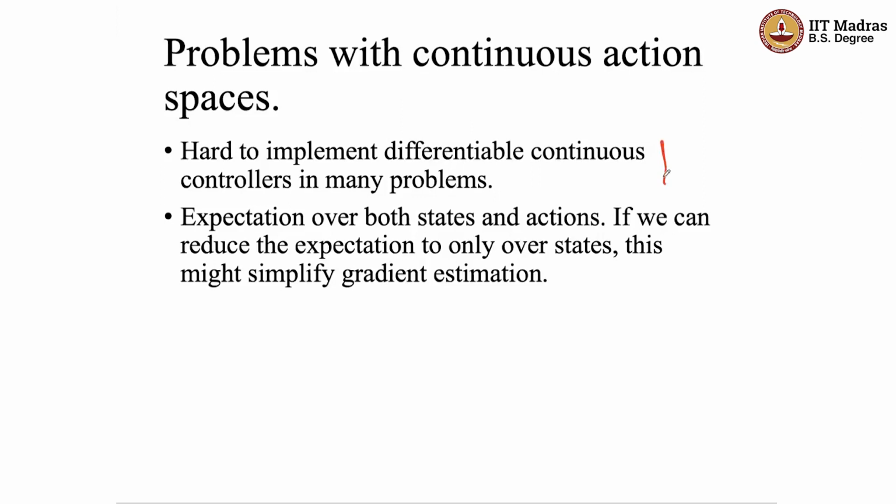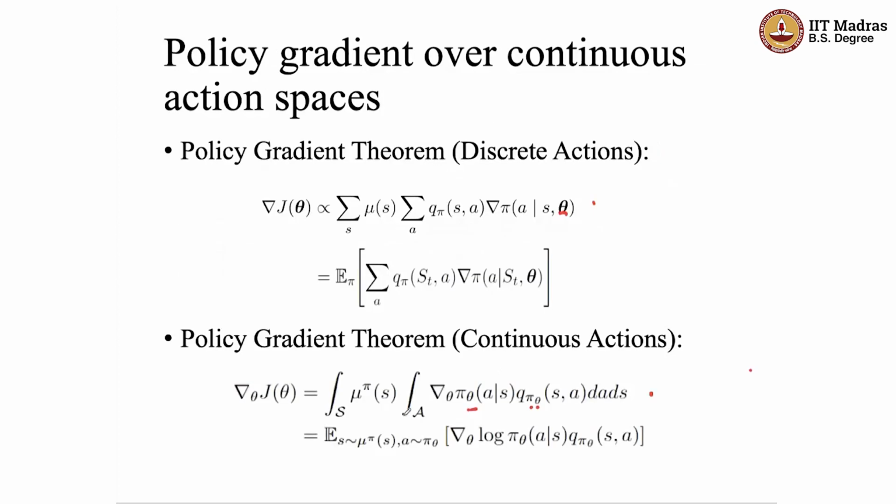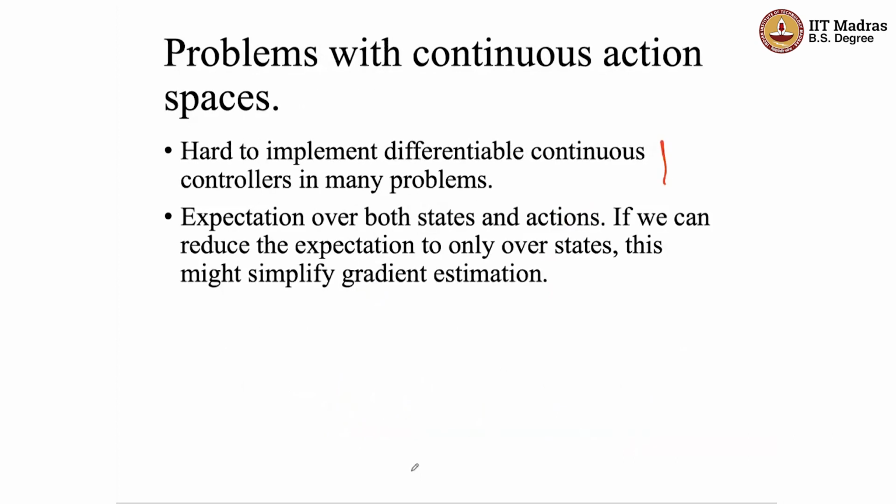Even then, implementing differentiable stochastic controllers can become much more of a challenge. So what people typically end up doing is implementing deterministic controllers with a differentiable control law. The second thing is, when I want to take the expectation over both states and actions, again, it's a problem. That would really mean that I have to sample all possible actions, and that also becomes a challenge.